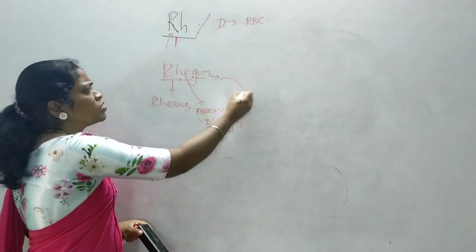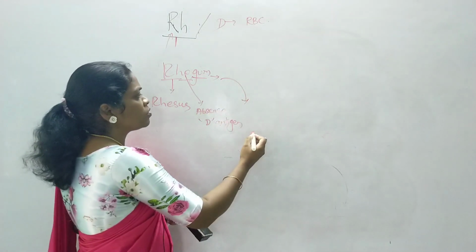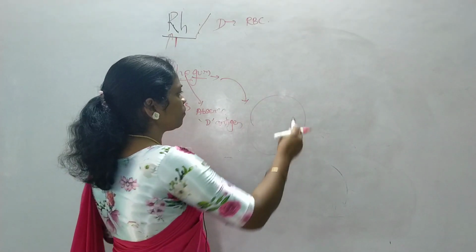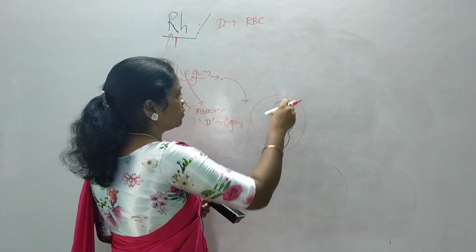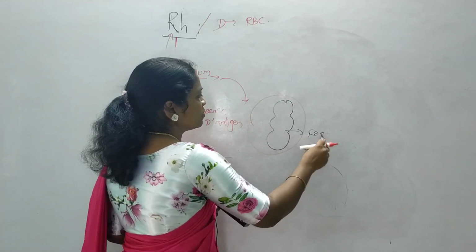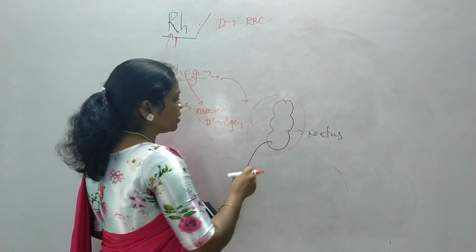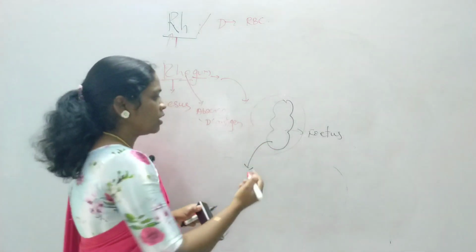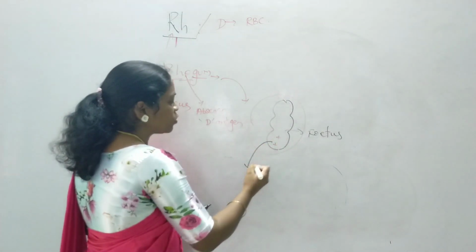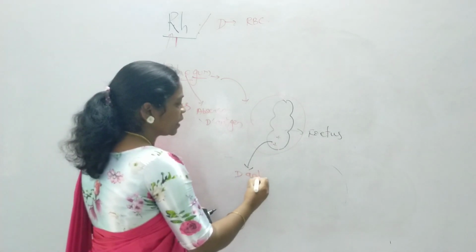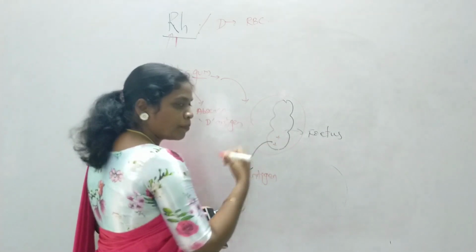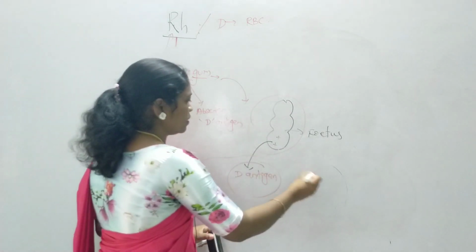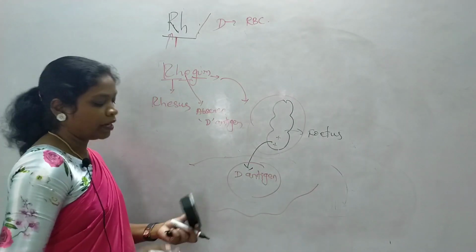So what is the function of this Rhocum? When you inject this Rhocum, what happens here during first delivery? Imagine it is a fetus. During first delivery, when the blood vessels break from the fetus, the positive D antigens, that is a positive cell, will enter the mother's bloodstream.